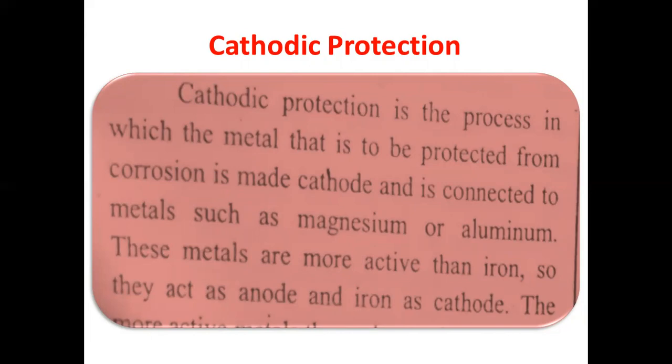So definitely, if these metals are more active, when they come in contact with oxygen or moisture, these metals will react with the moisture or oxygen, and then the iron will get safe. More active metals themselves oxidize and save iron from corrosion.